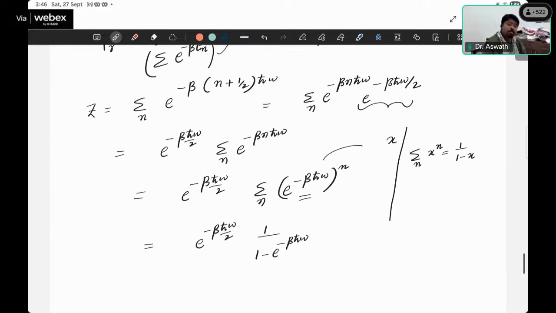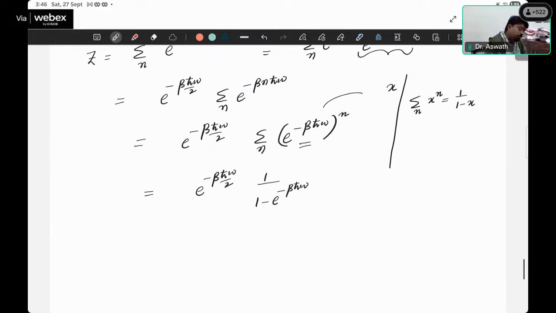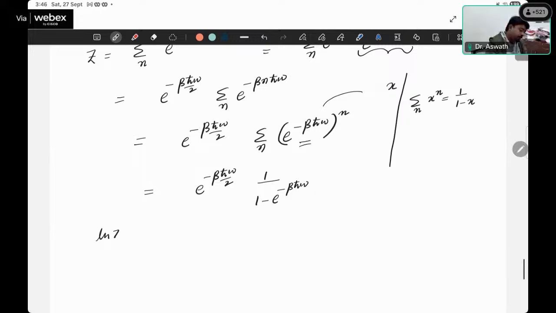Okay, now Z I have, I can also find log of Z, which is required for the later case. There is one term here, there is another term. Log of a into b is log a plus log b. So log of this term, there is an exponential, so I'll get simply minus beta h omega by 2.